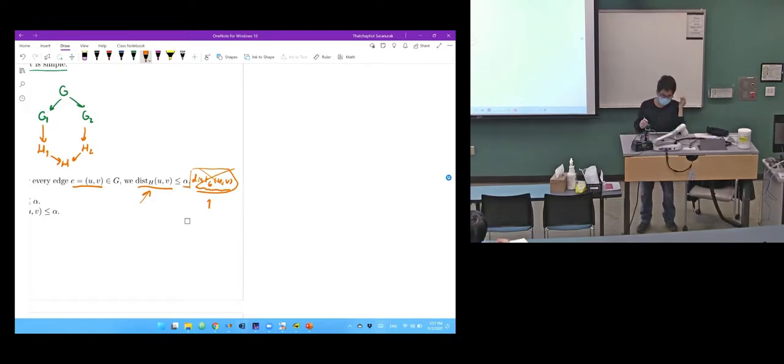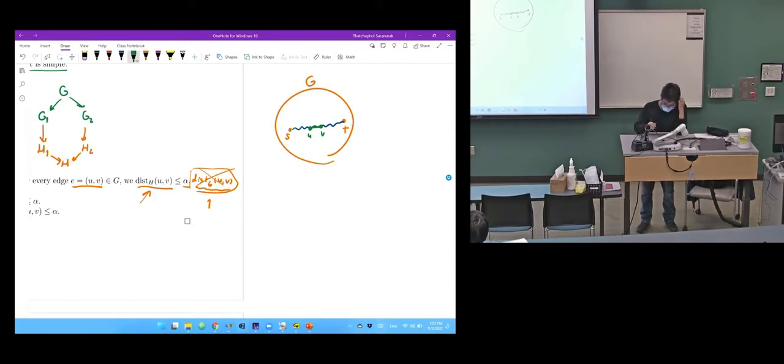So basically, if you look at graph G and you take any two nodes, S and T, and then take the shortest path here, this shortest path consists of a bunch of edges.